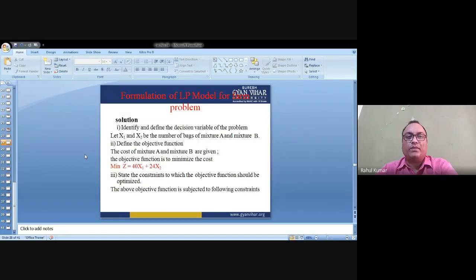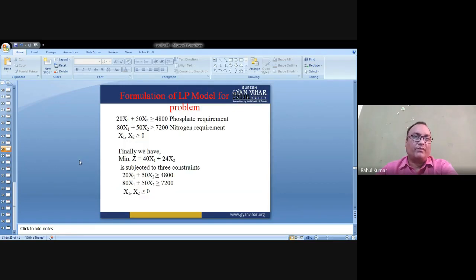For the third step, state the constraints to which the objective function should be optimized. The above objective function is subject to the following constraints: the phosphate requirement and the nitrogen requirement.